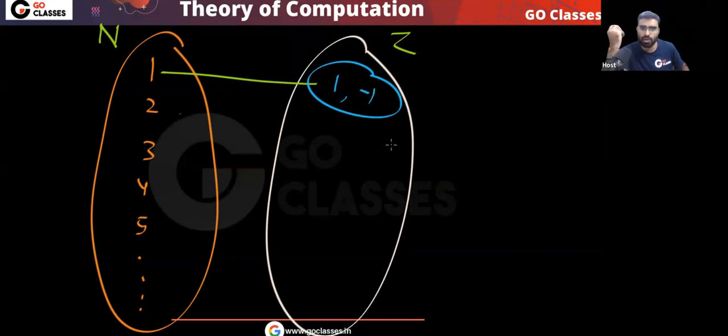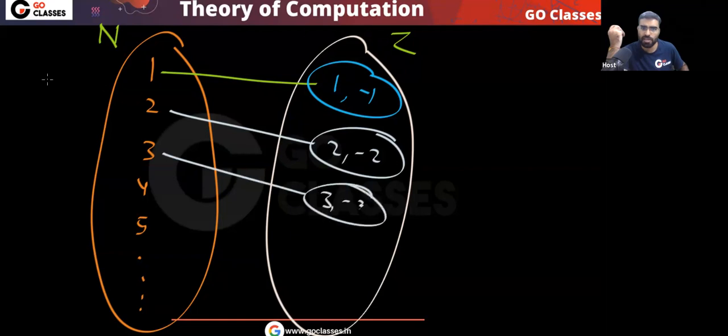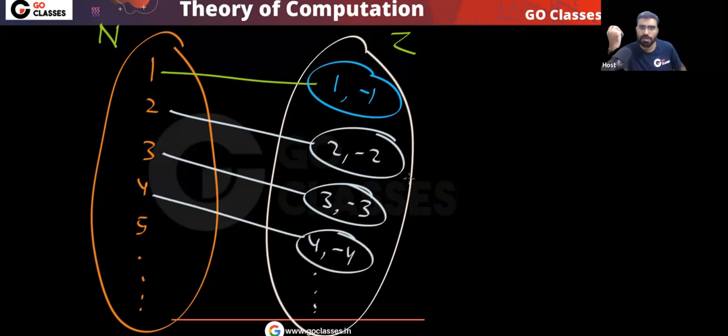To this 2, what will you assign? Just assign 2, comma, minus 2. To this 3, 3, comma, minus 3. To this 4, 4, comma, minus 4. And so on. Did I cover every element of Z? No, 0 is not covered. So you can put 0 also, no problem. Anyway, each of these is finite.